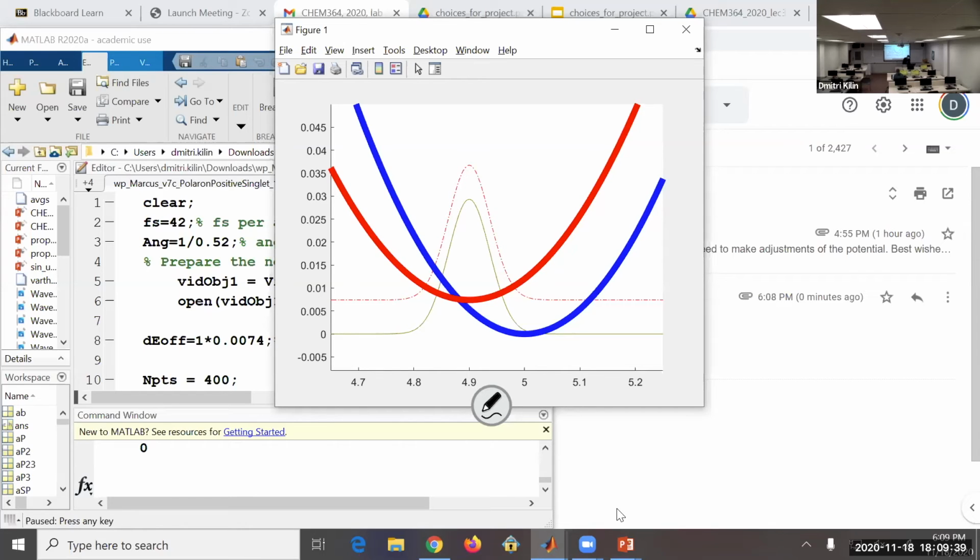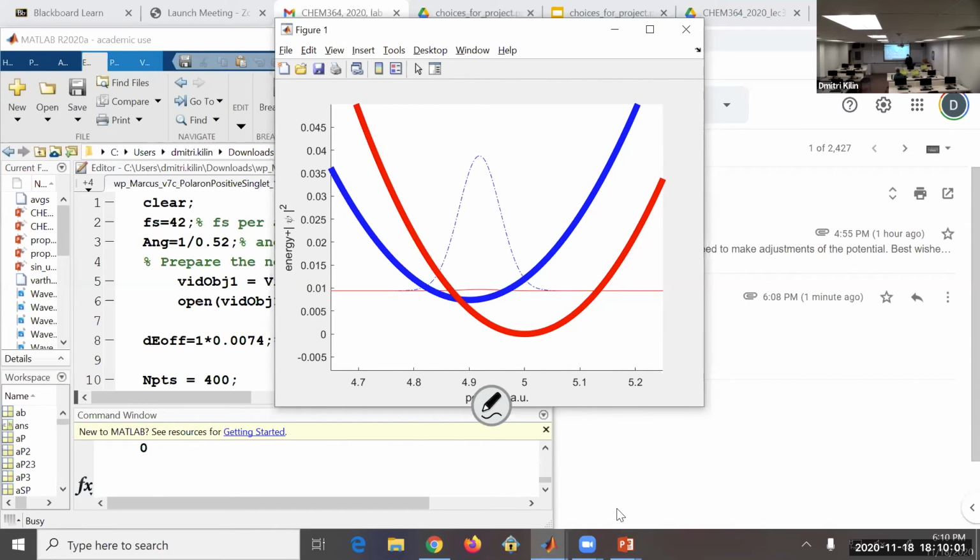So if one is launching this version of the protocol, you do see the thing that we were talking about, more than one potential energy surface.